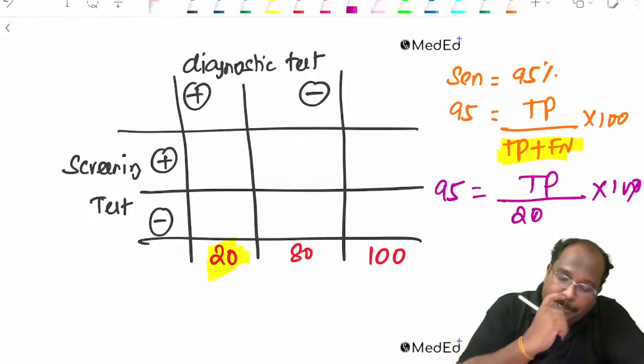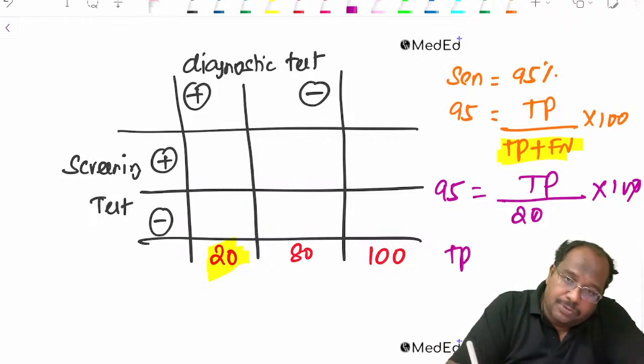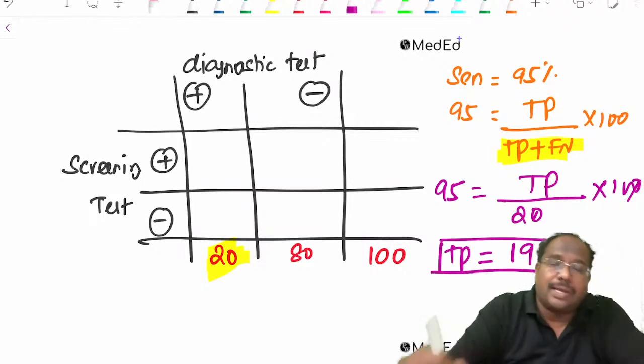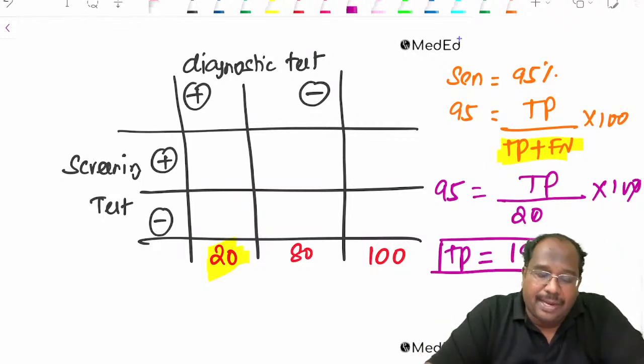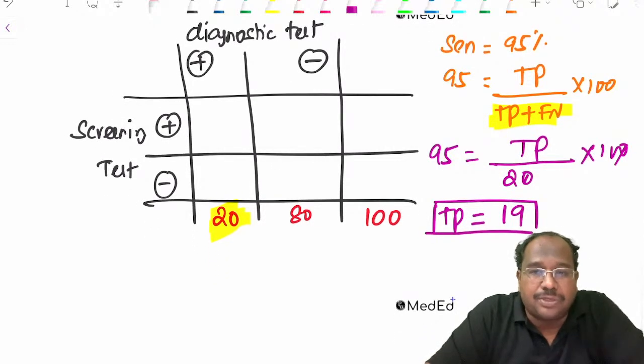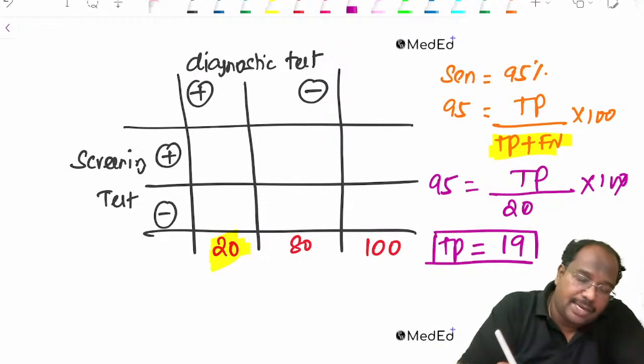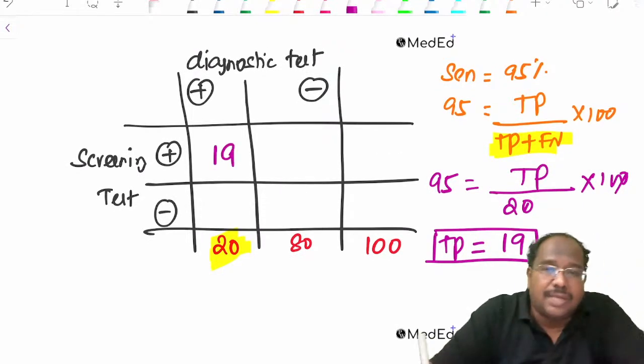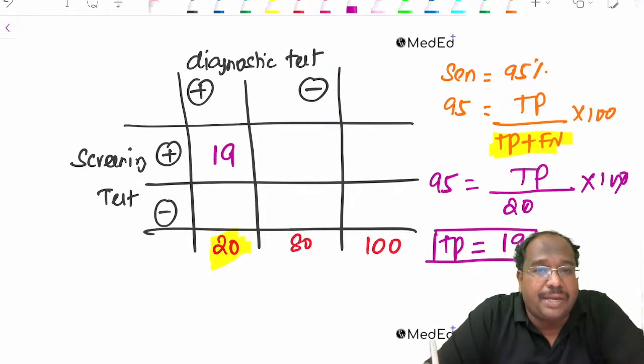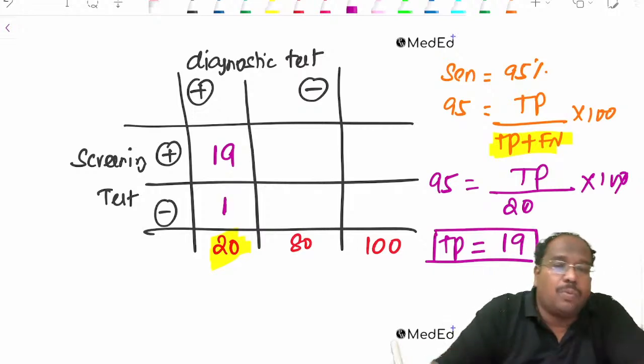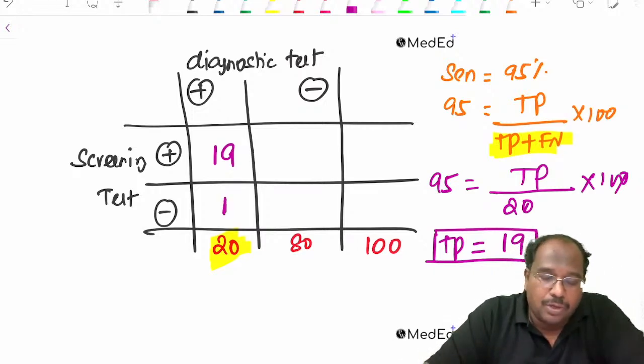If you do the calculation, true positives will be 19. So out of 20, 19 goes, and the remaining is 1. You can put it. Now, specificity.